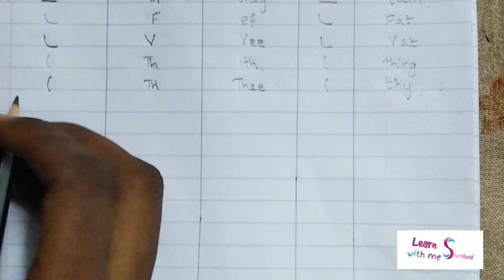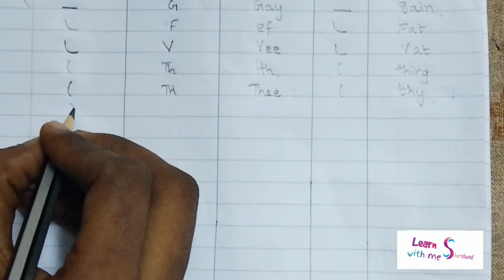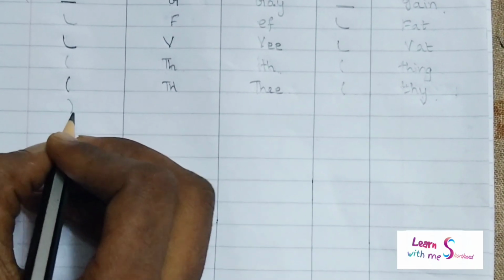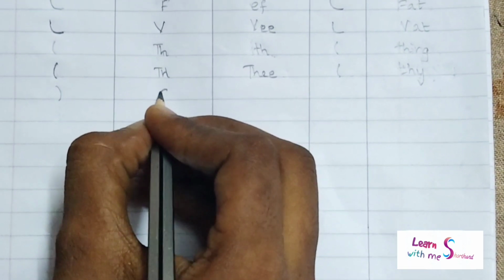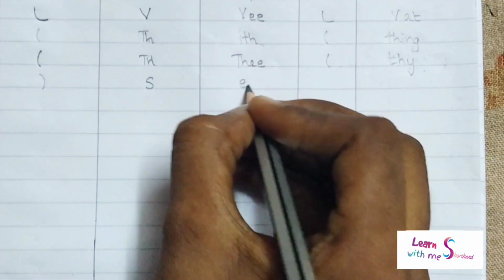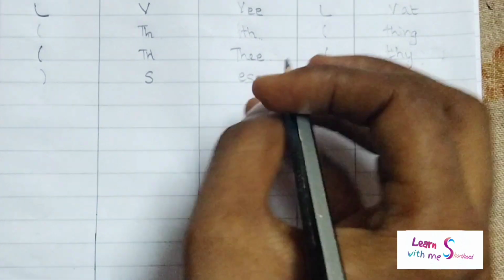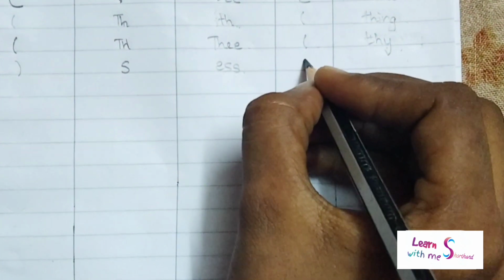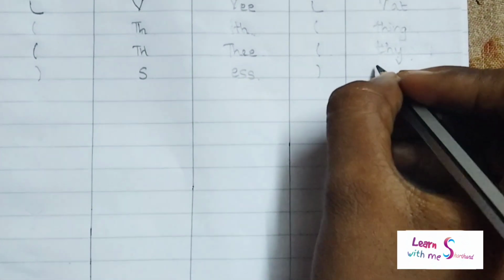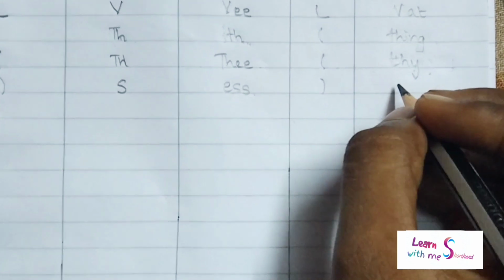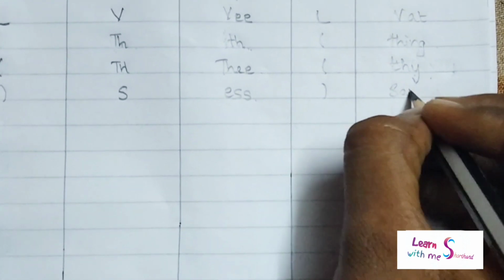The next stroke is es. This is a light stroke. The letter is es and the pronunciation is also S. The direction is upward to downward. Example word for S is save.